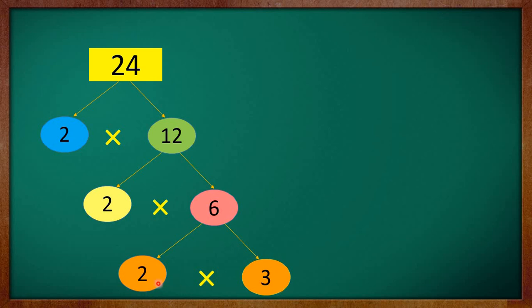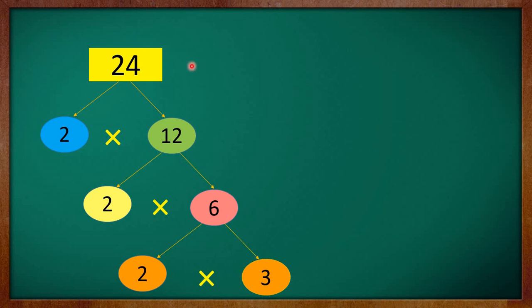Now kids, here again you cannot extend the branches of this factor tree from this side. Now let's check from this side. Kids, number 3 has only two factors, that is 1 and itself. So we will also not extend the branches of the factor tree from this side. That means we will stop here and we will write the factors of 24 as 2 multiplied by 2 multiplied by 2 multiplied by 3.